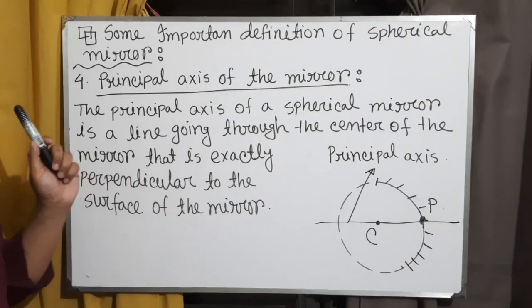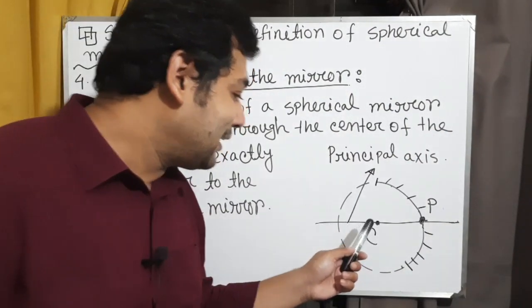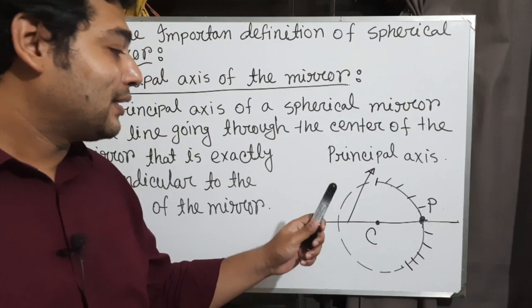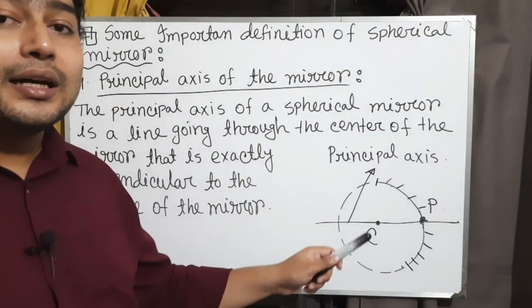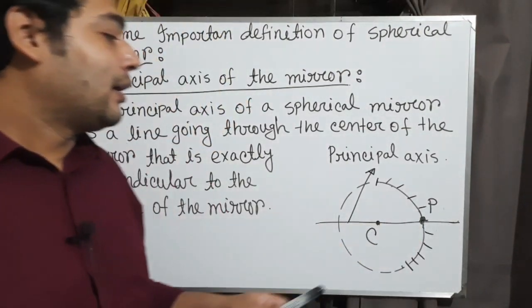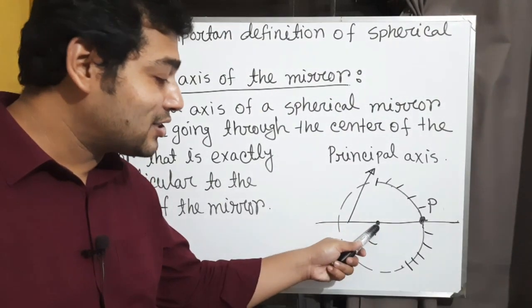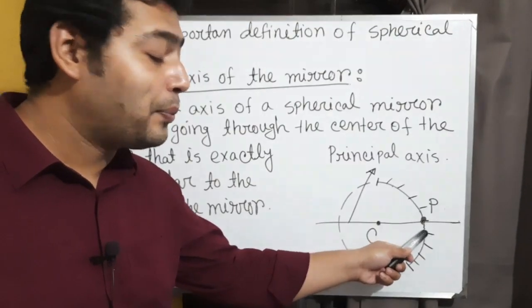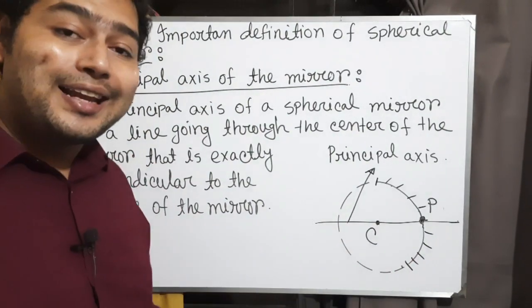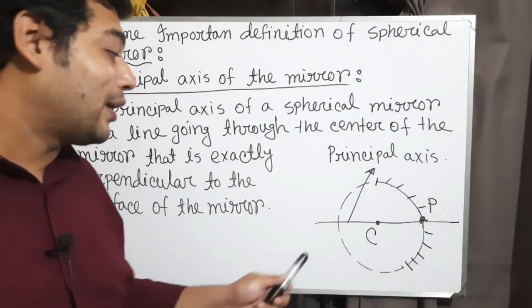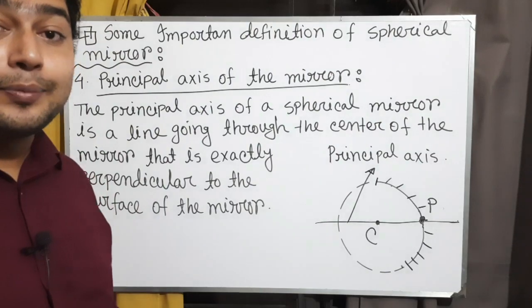Here you see in the figure that the joining line of these two points, the center of curvature and the pole, is called the principal axis.